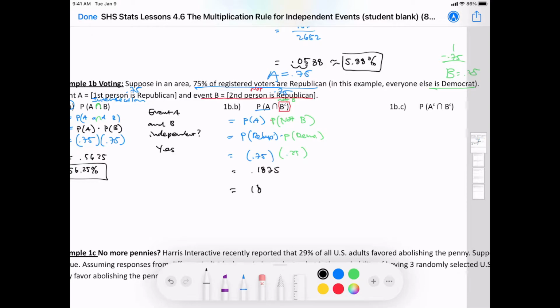There is an 18.75% chance that on the first event you will get a Republican, and then the second event, again, they're independent, so we can multiply them, is not a Republican, which is a Democrat.